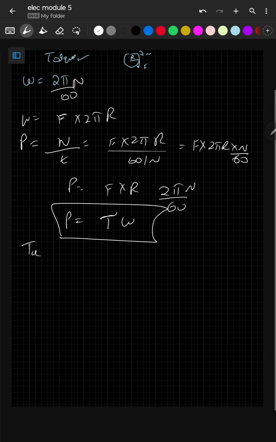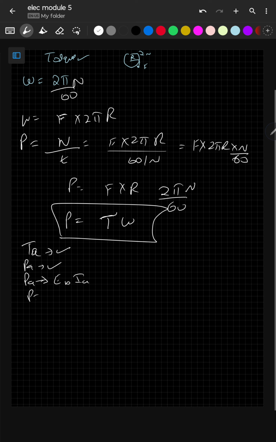Then I said TA. This is the gross armature torque. PA is the gross mechanical output across the armature. Now PA, I told you, you have to constantly remember, is EB into IA.